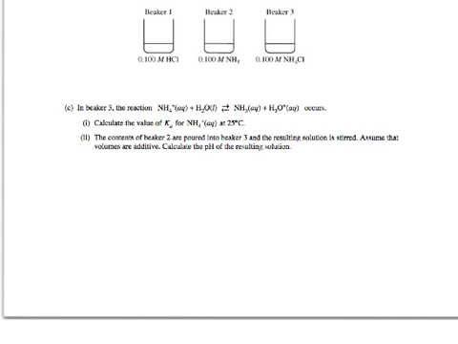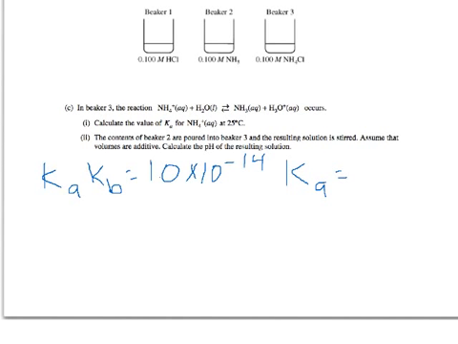So we can say that Ka times Kb equals Kw, and Kw is 1 times 10 to the negative 14th. And just to sort of simplify things, we already knew that the Kb was 1.8 times 10 to the negative 5th, so that's going to give us a Ka of 5.6 times 10 to the negative 10th.